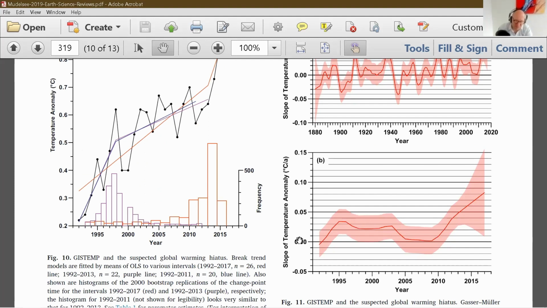That means the change of temperature over time, and this can also be time dependent. And the question is whether we are at zero or different from zero. And we see that we are always in the positive area, and here for a short time you can't distinguish it from zero, maybe here, but soon after we are increasing and increasing again. So this again reinforces the notion that global warming did not make a pause.